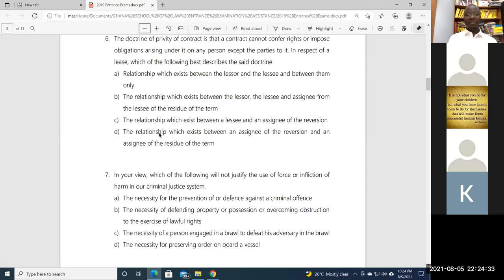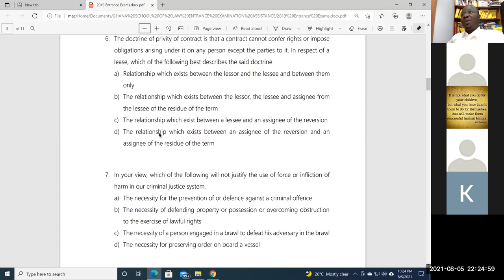For that matter, let us look at this. If there's a lease between a lessor and a lessee, and you are a third party to the lease, in the sense that you are not a lessee, how can you benefit, or how can you enjoy, or how can you have an obligation under it?